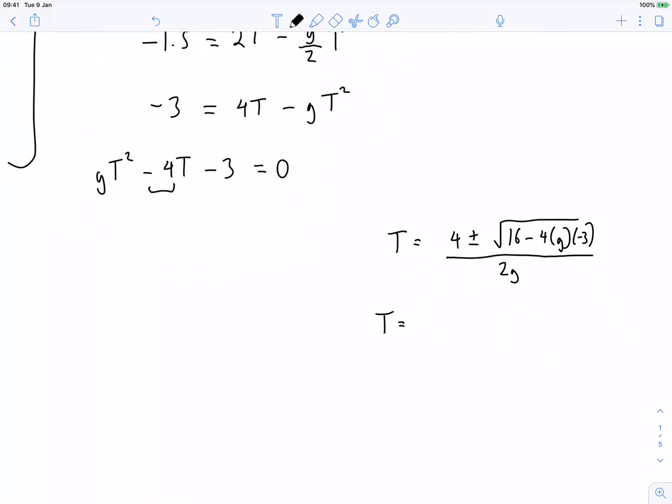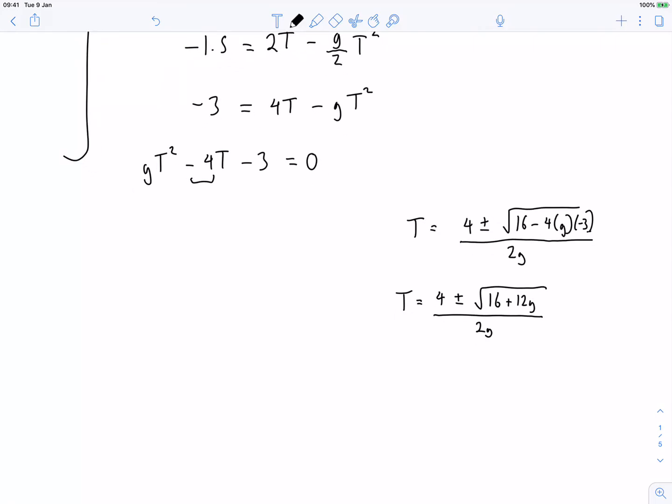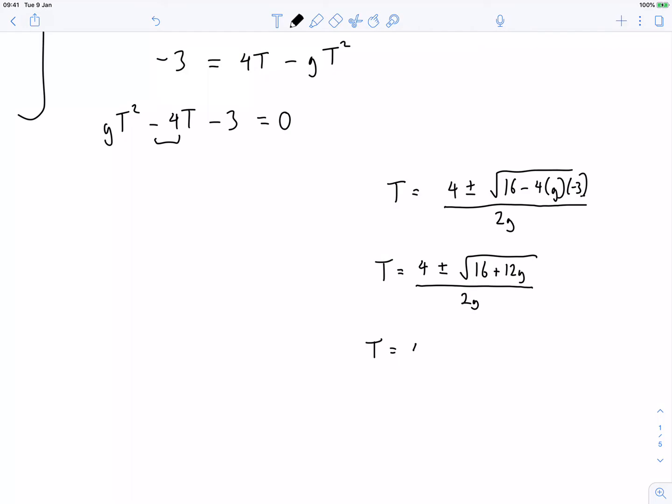So t is going to equal 4 plus or minus the square root of 16, minus times a minus, that's going to be plus 12g, all over 2g. And now we know a little bit about surds, this is going to be 4 plus or minus. Both of these things have a common factor of 4, so that's going to be 2 root 4 plus 3g. Why? Because I can write this out as root 4 times root 4 plus 3g, because 4 times 4 is 16, and 4 times 3g is 12g.